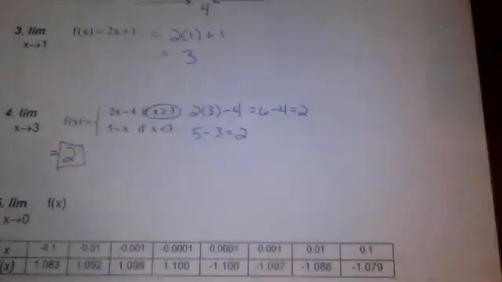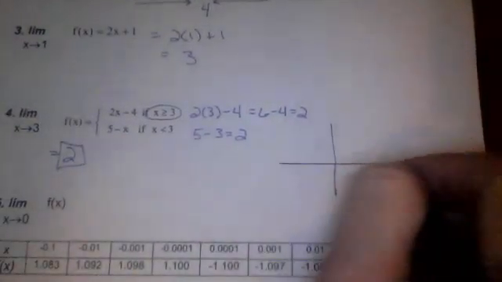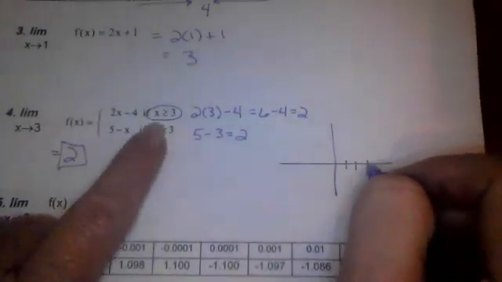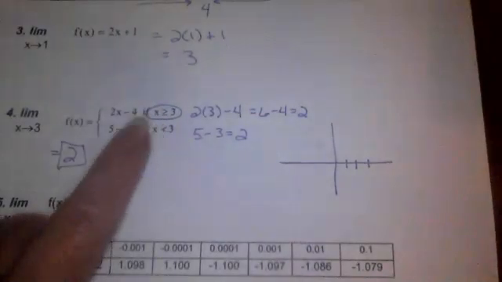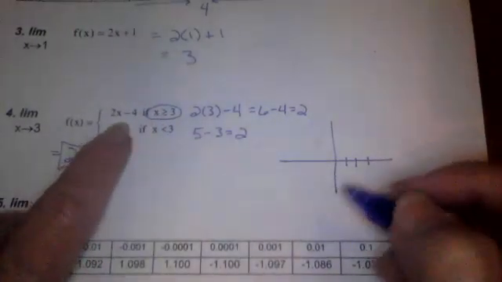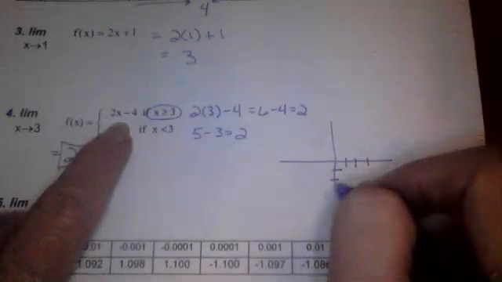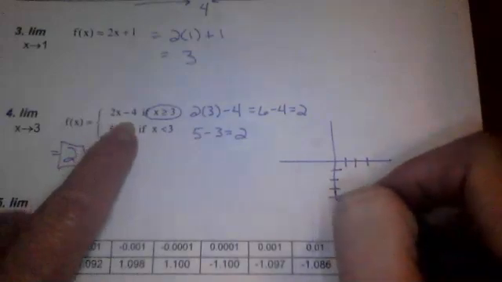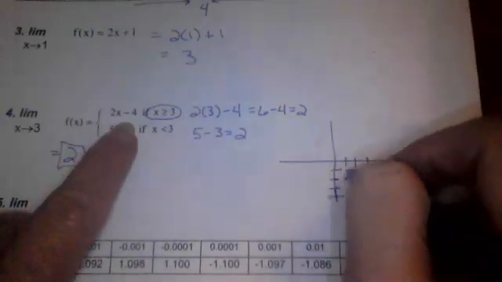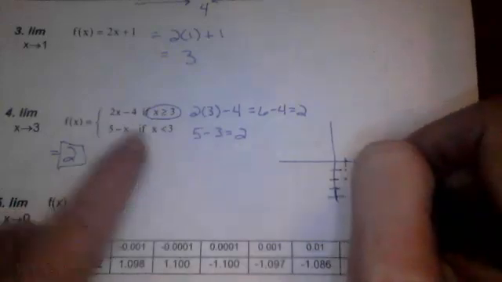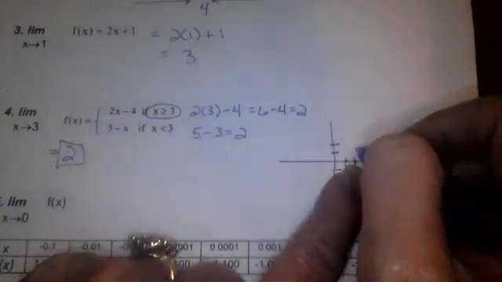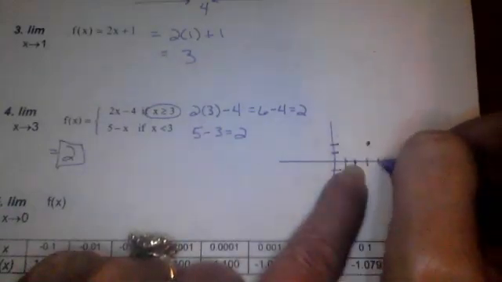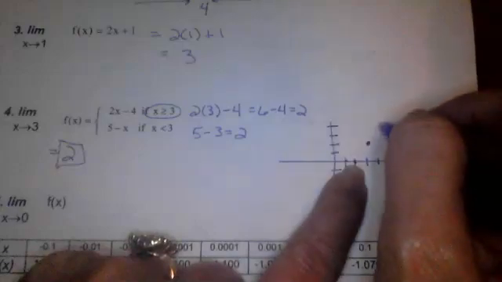Now, if I were to graph these equations, let's take a look at that. We know that 3 is what we're concerned about. And this is the equation of a line with a slope of 2 going through -4. So I would start down here and go up 2 and over 1, up 2, over 1, up 2, over 1, up 2, over 1.